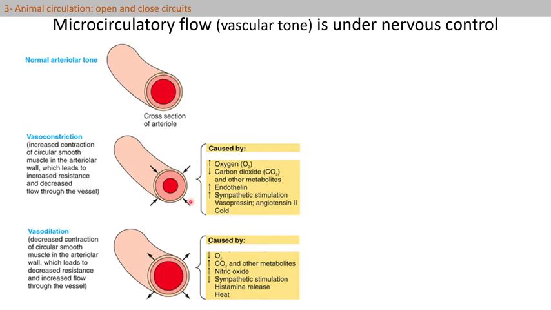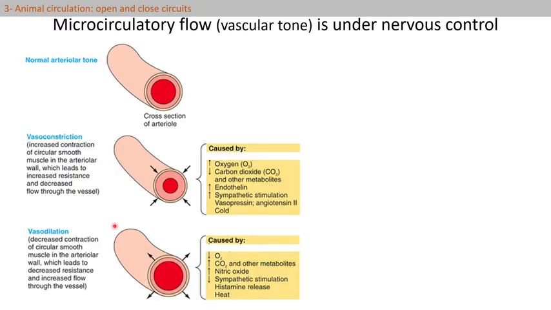So then one of the questions you could ask is what regulates that? Well, the levels of oxygen, carbon dioxide, and the function of a tissue could regulate vasoconstriction and vasodilation. So the physiological demands of the tissue could regulate them.